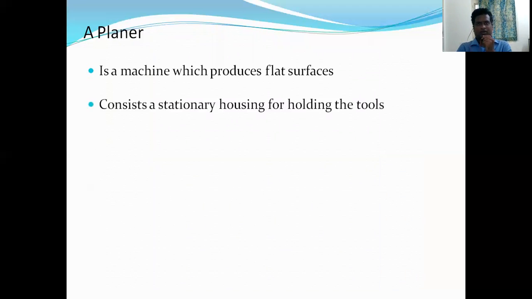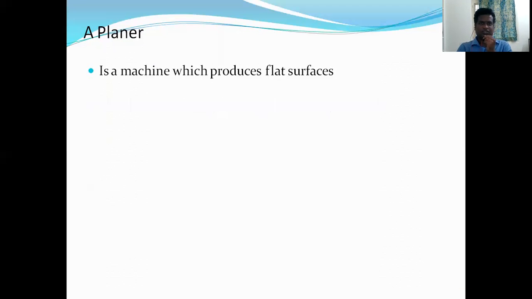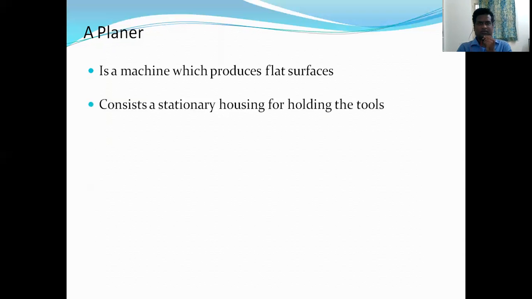Right, so we are entering into what a planer is. A planer is a machine which produces flat surfaces. As we know, the shaper and the slotter also produce flat surfaces. Understood?